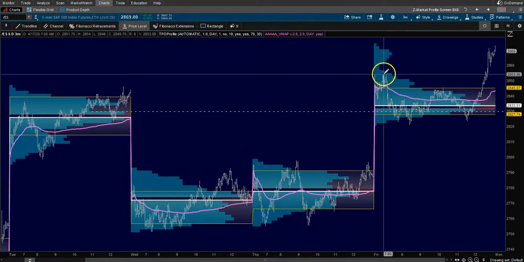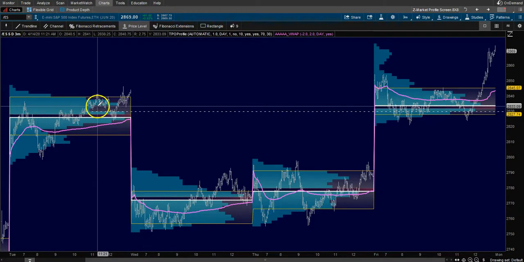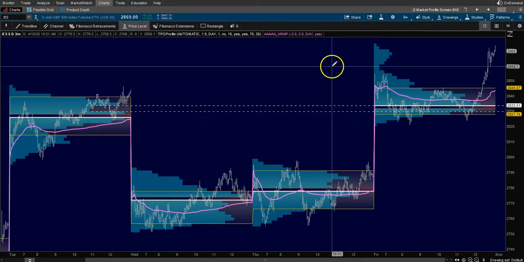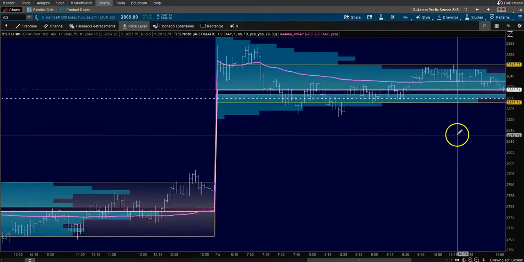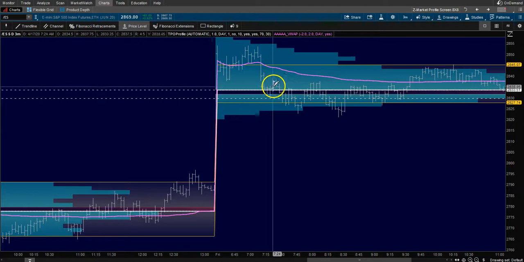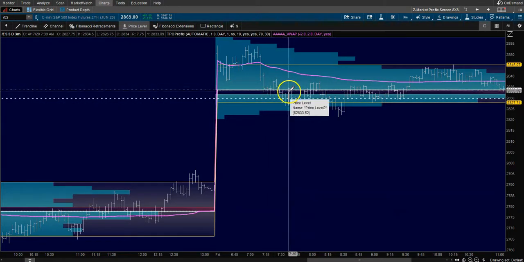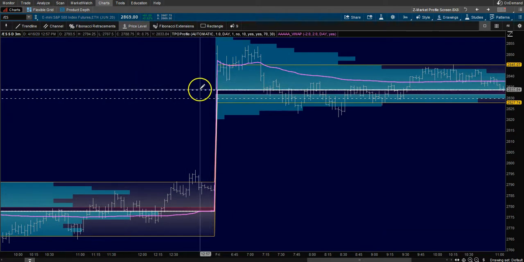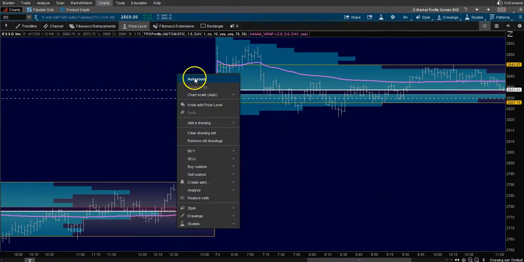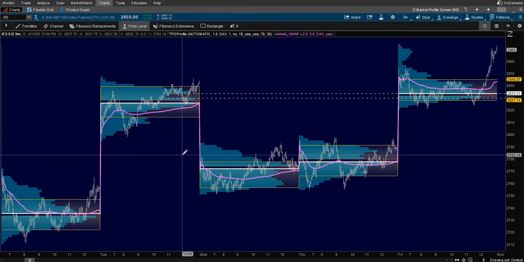We gap up, and even this high volume node right here, as we zoom into what price did, it came down and bounced right off the high volume node, then came down to the low volume and bounced, and then found the high volume node as a resistance level. So this is actually a really good chart to also day trade on.